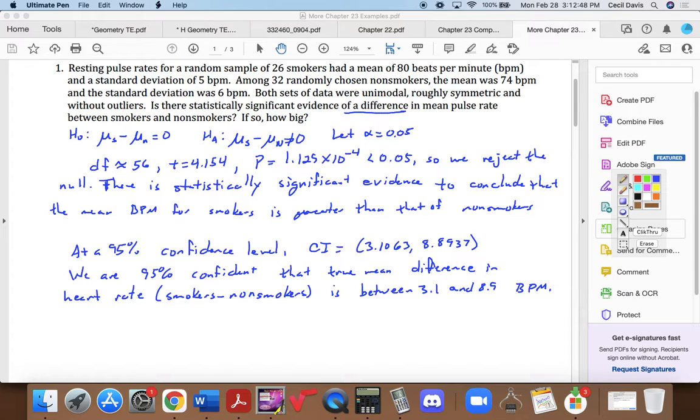So on the top you say, yes, there's significant evidence because we rejected the null. And then after that you give the confidence interval to say how big the difference is. Which is also why if you have a confidence interval, you can make a conclusion and say, well, 0 is not in my interval, so there is a difference.